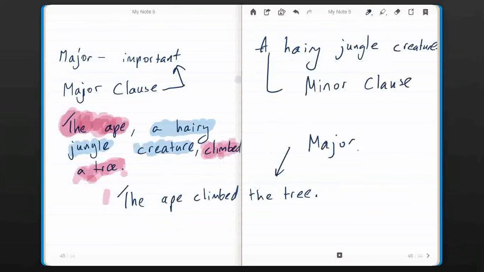So just remember, major means important, and minor actually means kind of small or less important. Okay, so remember minor, it kind of means less important. It doesn't mean it's not important, it just means that without the major clause, the whole sentence won't make sense. So we need the major one, but we don't need the minor. It just makes it a lot better to read the sentence.